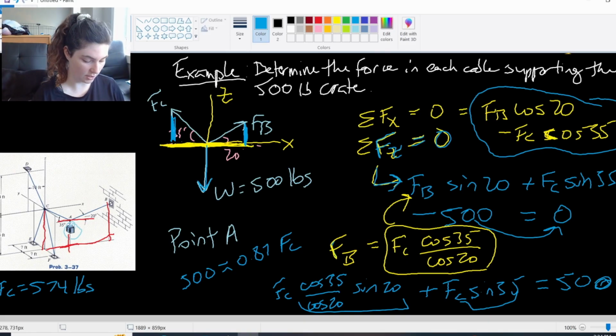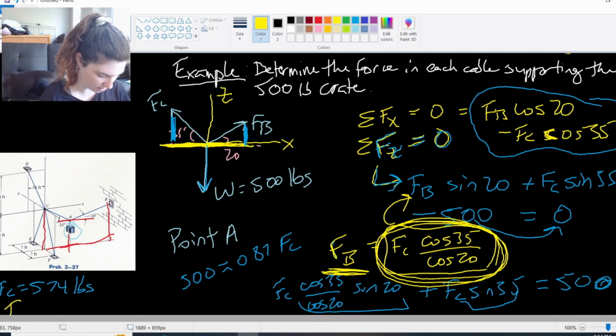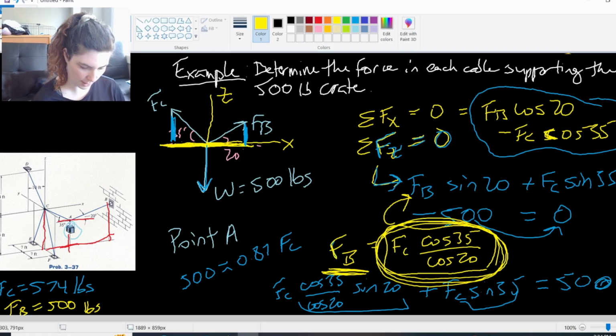I plug that into this equation, again, fc, so 574 times cosine 35 over cosine 20. Plug all of that into my calculator to find what fb is. And I get fb is 500. Just coincidentally.